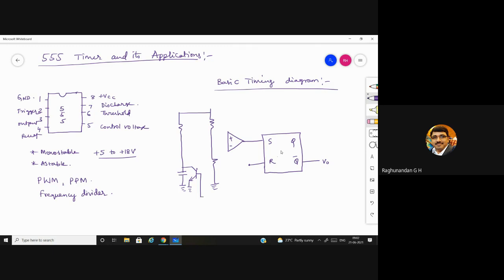This input of the transistor will be connected to the Q, that is the set output, and the negative terminal is connected to the voltage divider circuit, which has R1, R2, and this is just an example, we have taken 10K and 5K. This is plus VCC, the capacitor, and some more resistors. So it is an SR flip flop which we have used for the purpose of understanding the timing diagram.